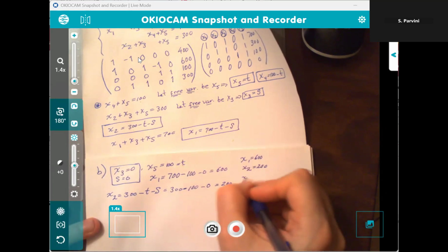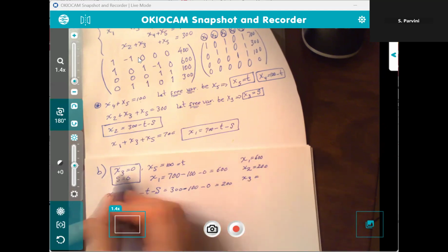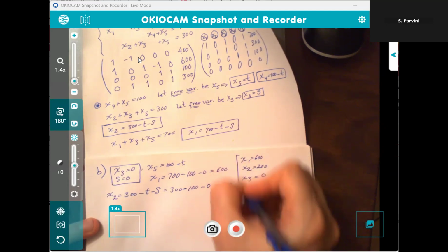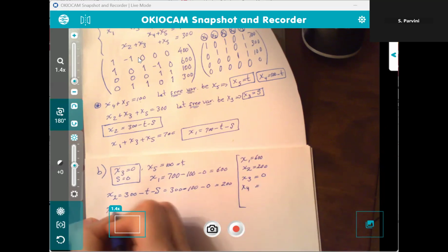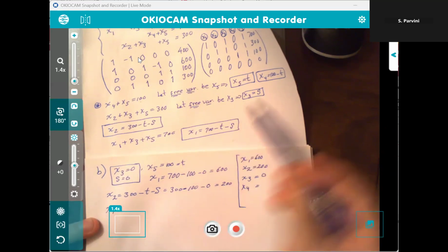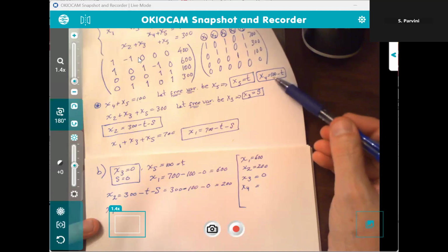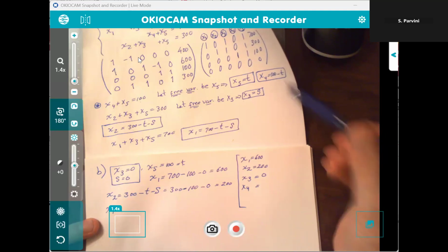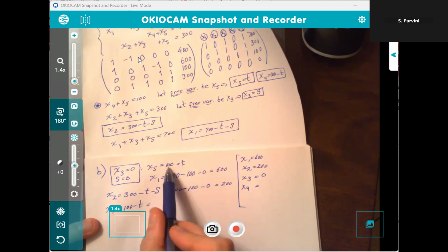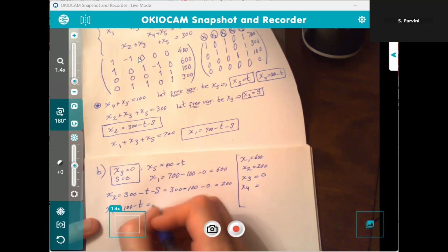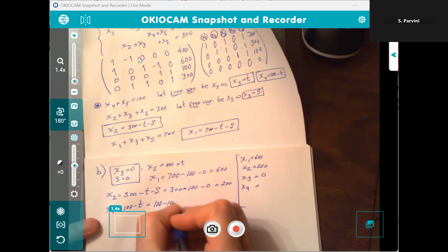X sub 3, we are given, right? That was given 0. I'm just writing the whole solution here. And x sub 4, we are about to do x sub 4. X sub 4 is right up here. It's 100 minus t. But then t, they gave us to be 100. So it's 100 minus 100.